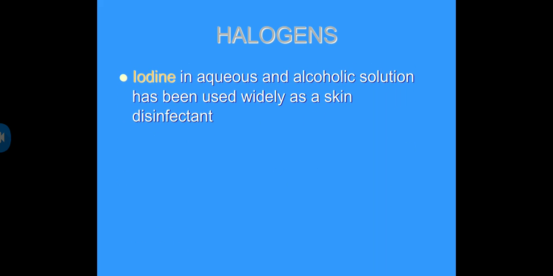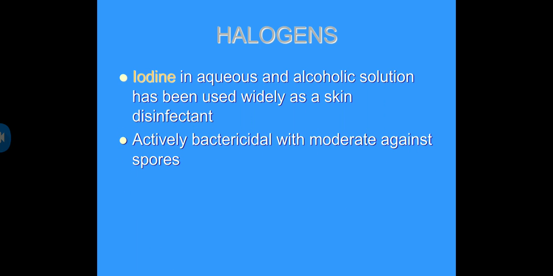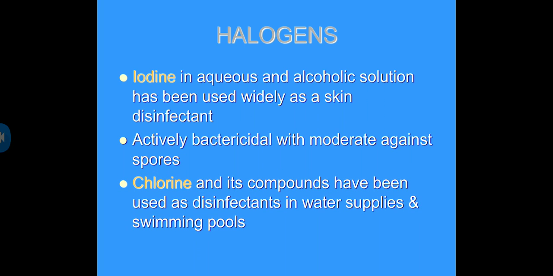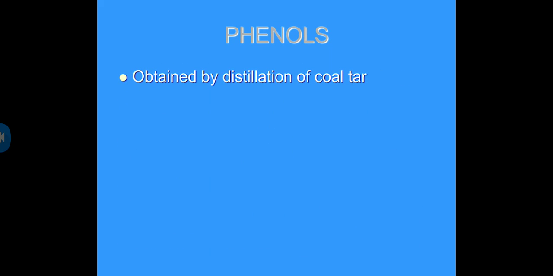Halogens. Iodine, in aqueous and alcoholic solution, has been used widely as a skin disinfectant. It is actively bactericidal with moderate action against spores. Chlorine and its compounds have been used as disinfectants in water supplies and swimming pools. Phenols are obtained by distillation of coal tar.